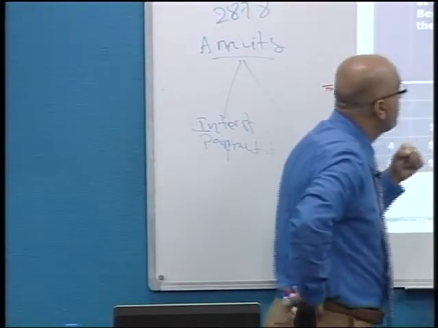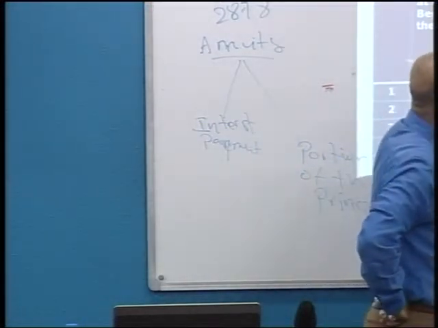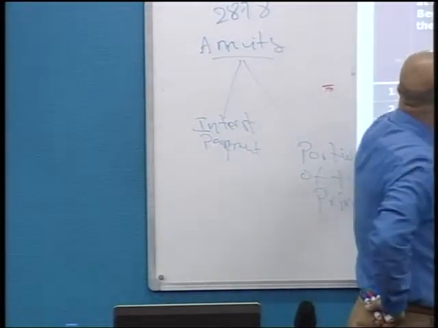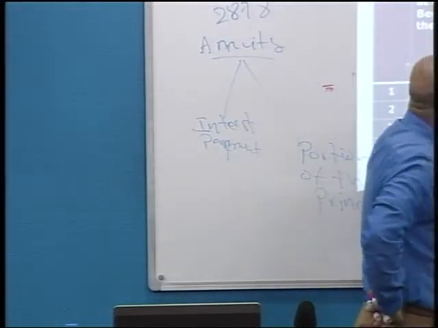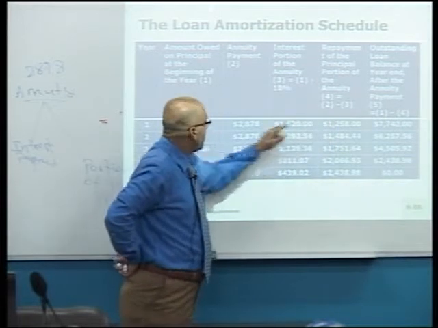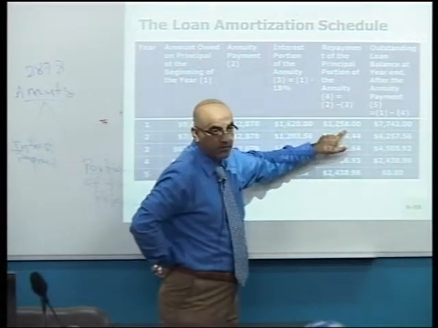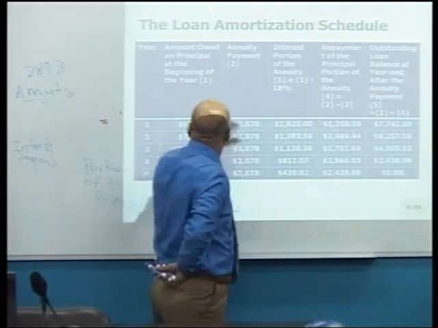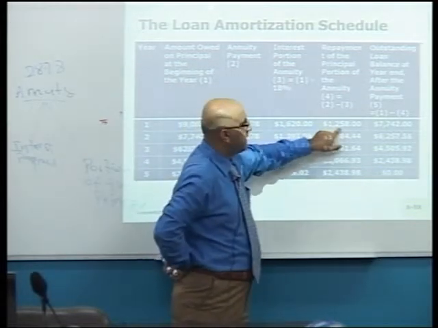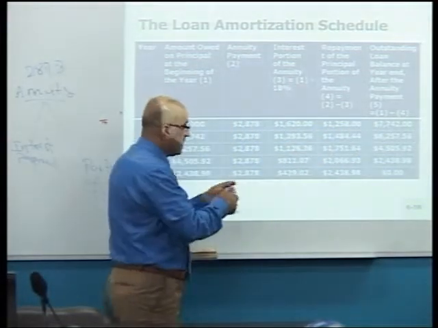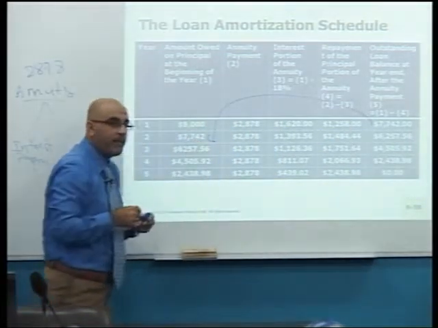Again, remember the interest portion is 18% times this balance. And this one is the annuity payment minus the interest. And this balance is the amount of principal minus the repayment.